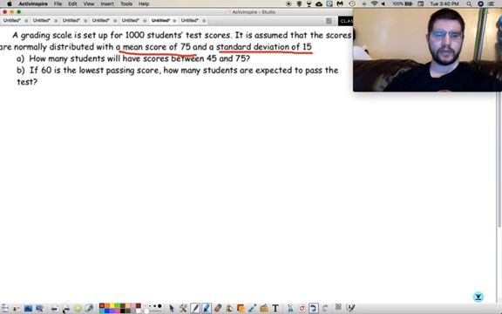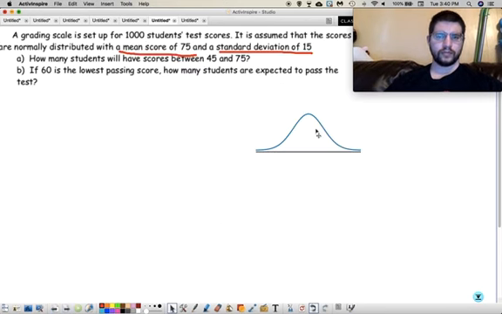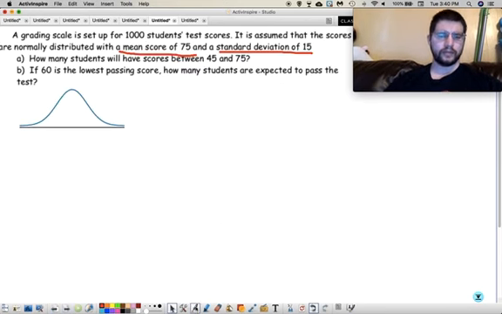So again, for time's sake, I'm just going to use a calculator here. So part A, we're between 45 and 75. Our mean is 75.